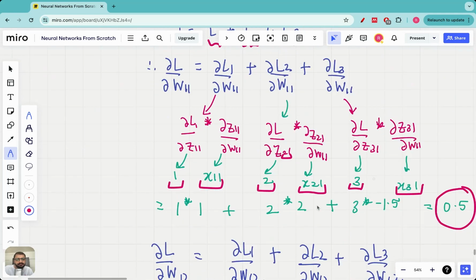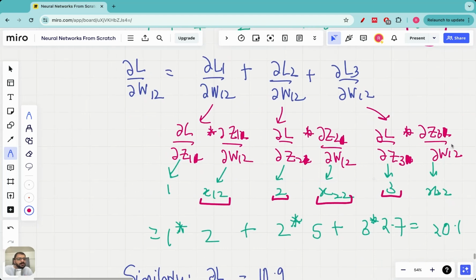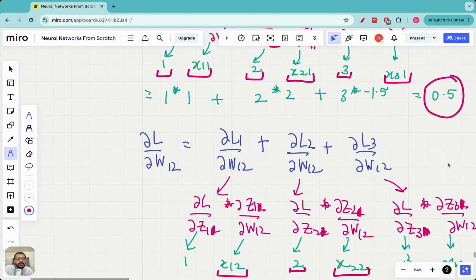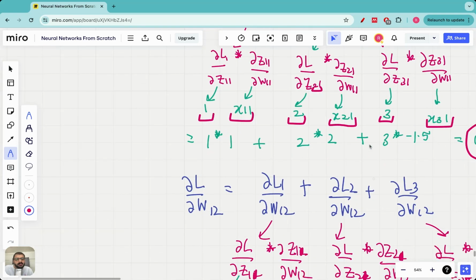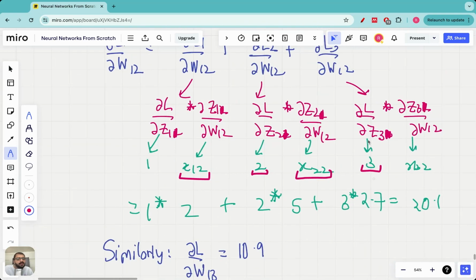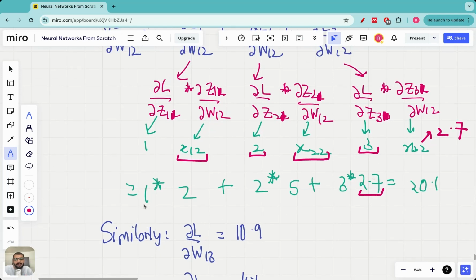The partial derivative of Z31 with W12: here we are looking at the second input but the third batch, so it is the third row and second column. So it will be 2.7, as has also been written here. If you add this up, this will be 1 into 2 plus 2 into 5 plus 3 into 2.7. So the value will be 20.1.